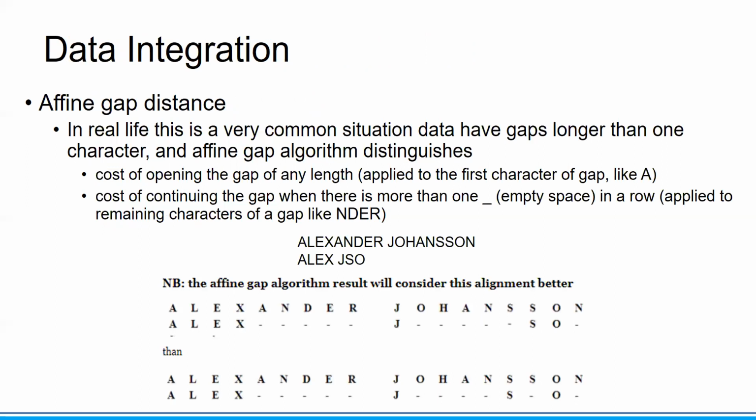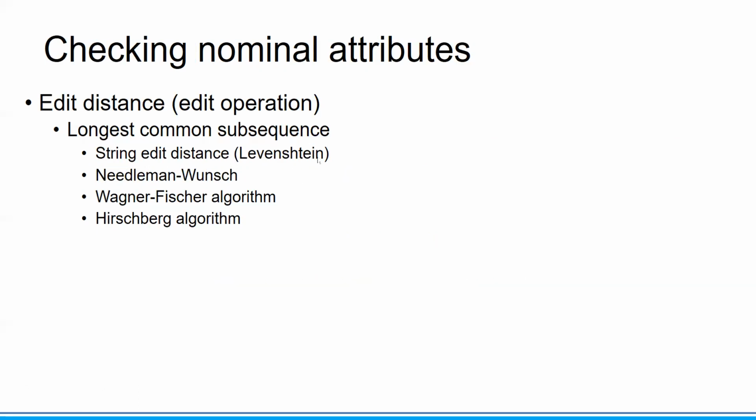The affine gap distance is one of the algorithms for measuring the distance. If you already learned the string edit distance, with addition and deletion, you check how many characters are deleted and how many are added.